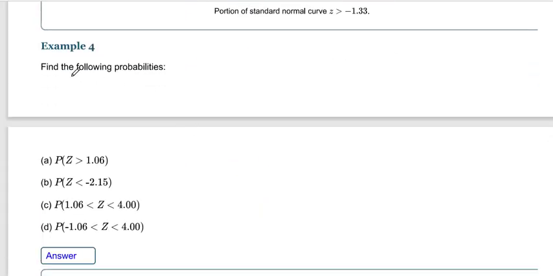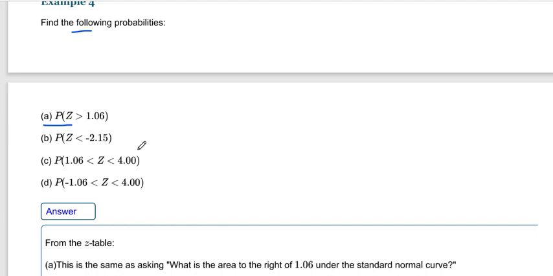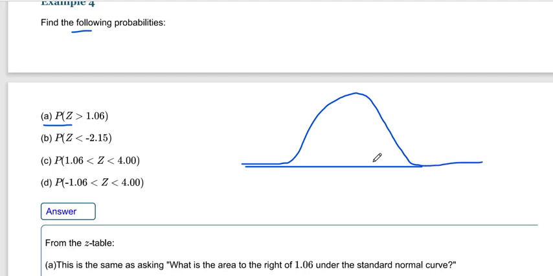Next example: find the following probability. A, probability of z greater than 1.06. As I said earlier, probability means we just have to find the area below the curve. Let's take 0 here and 1.06 here.